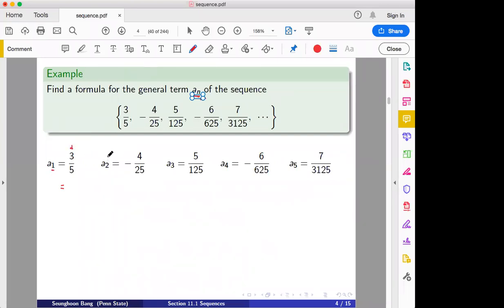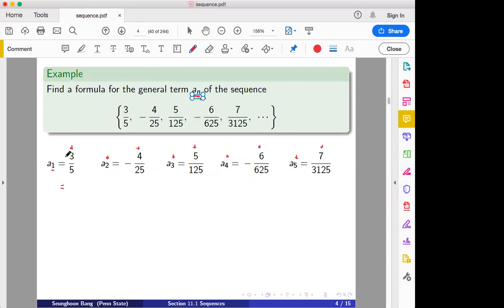What's the relation between index 1 and 3? Between index 2 and 4? Between 3 and 5? Between 4 and 6? Between 5 and 7? We have some pattern between the index and the numerator. Could you find it? Oh yeah, it's n plus 2, you're right.